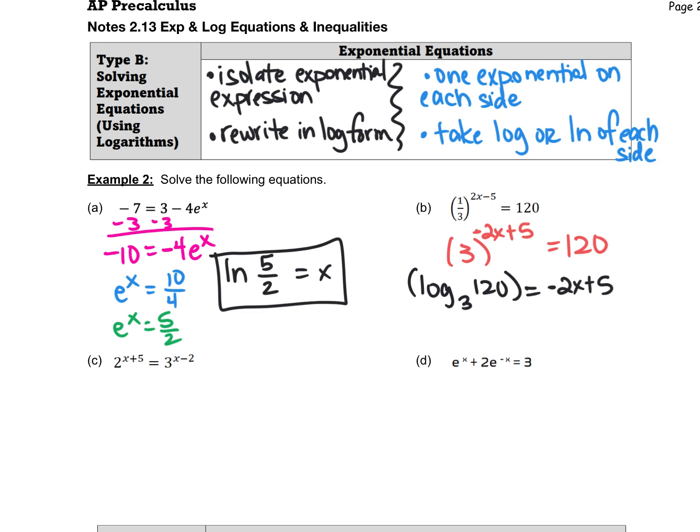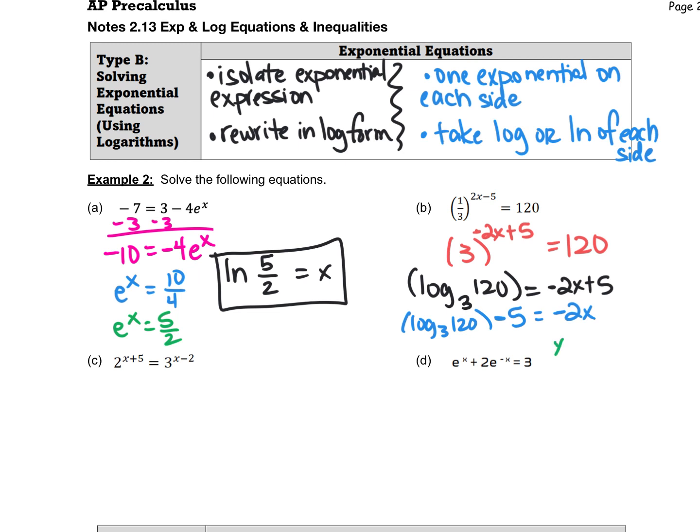So if I wanted to get x by itself, what would I have to do? Subtract 5 from that whole expression. It doesn't subtract from the 120, it subtracts from the whole expression. So that's why I put it in a parenthesis, so that it's protected. Equals negative 2x. We're talking about an exact answer right here. And then how would I get x by itself?